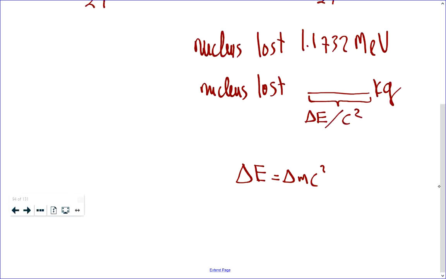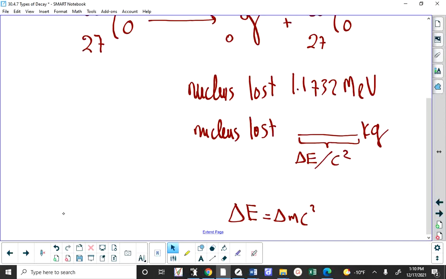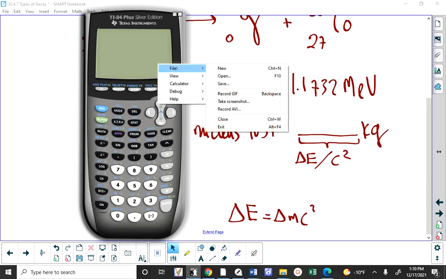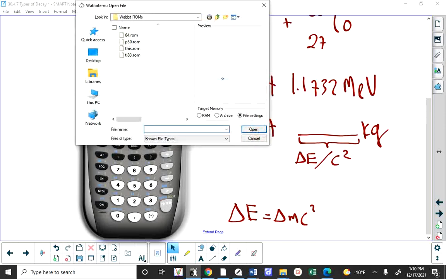But of course we have to use joules. There are other ways to do it with electron volts, but I would rather not do them that way.